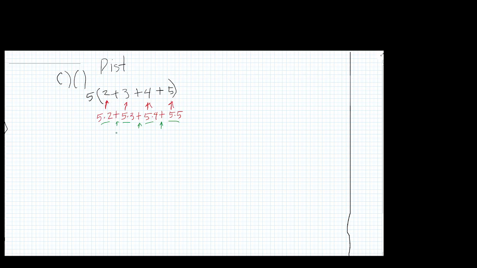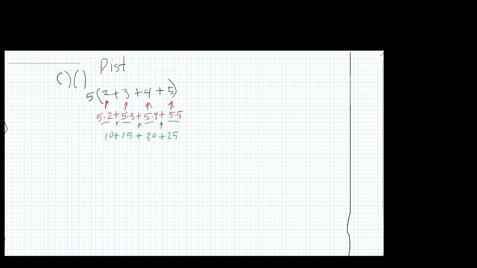So basically we can bring down our pluses just so that we won't make any mistakes. And then we do our multiplications. 5 times 2, 10. 5 times 3, 15. 5 times 4, 20. 5 times 5, 25.